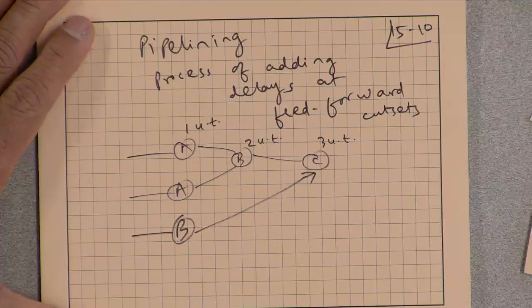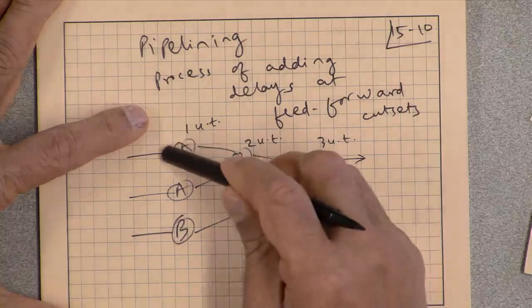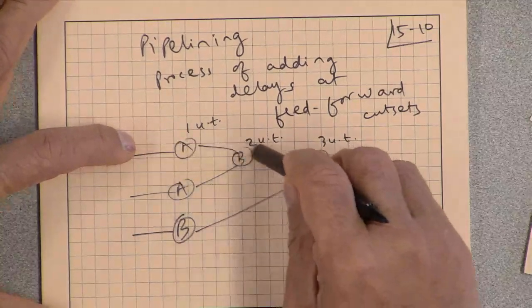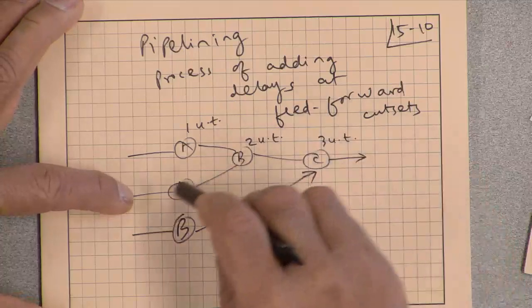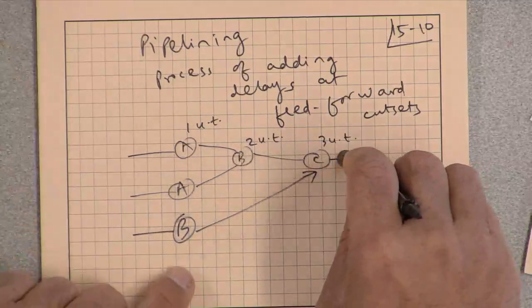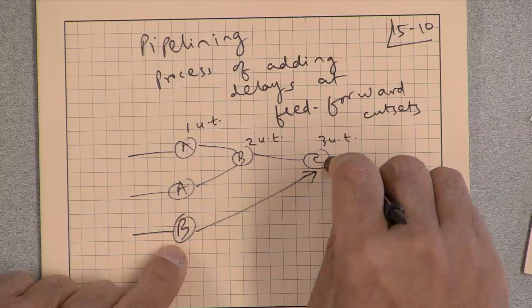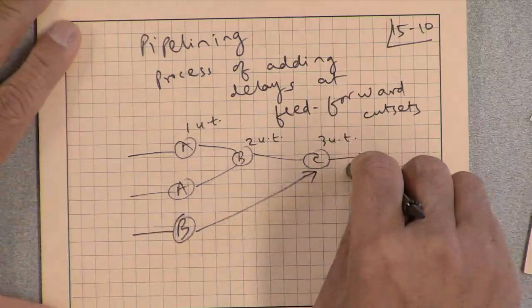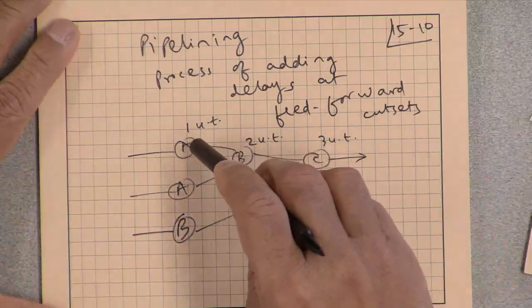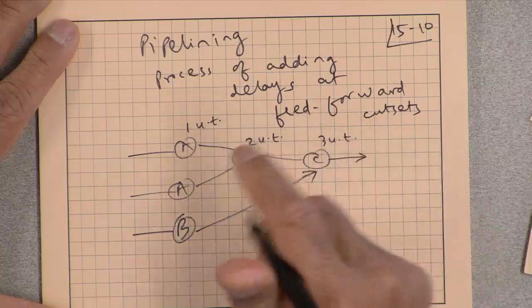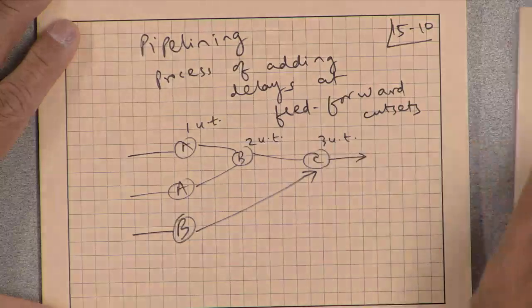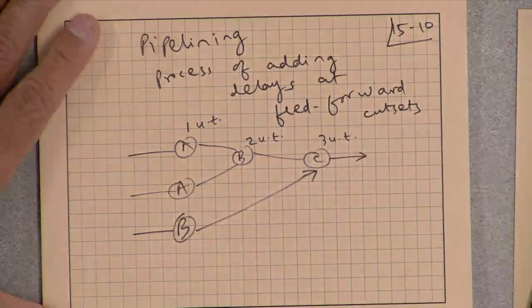What are the path lengths? There is no delay here. So the path length from this top path, input to output, is 1 plus 2 plus 3, 6 units; 1 plus 2 plus 3, 6 units; 2 plus 3, 5 units. So clearly the critical path is going to be either this ABC or that ABC.